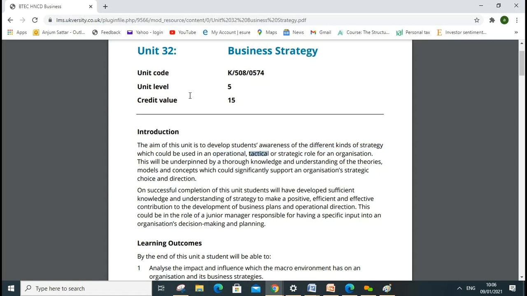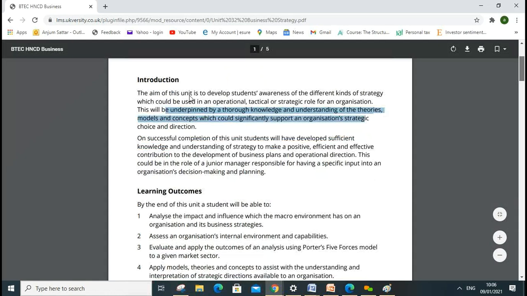We can use some tactical techniques and a strategic role in long-term planning, underpinned by a thorough knowledge and understanding of these theories, models, concepts and supporting strategic choices: which way you go, where you invest, how much you invest, and whether you expand the business or not. This is all on the successful completion of this unit.